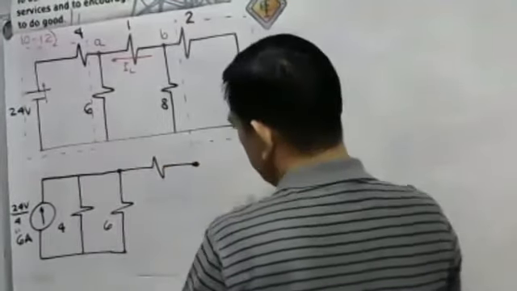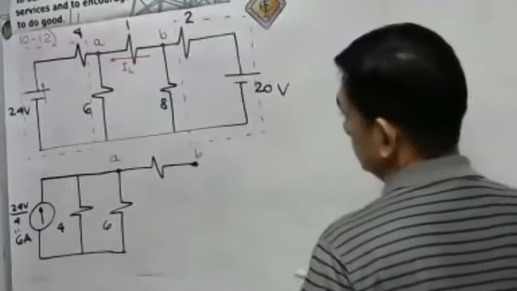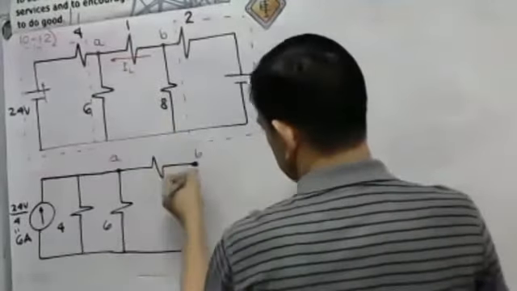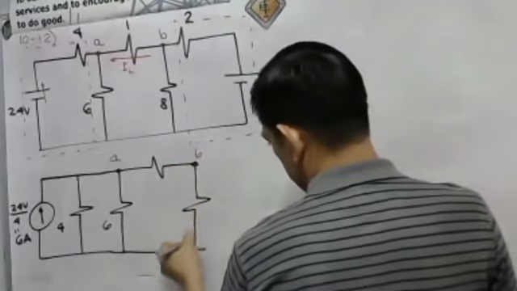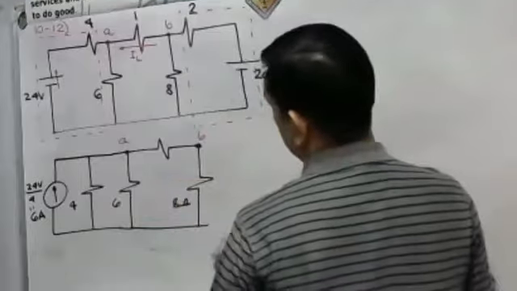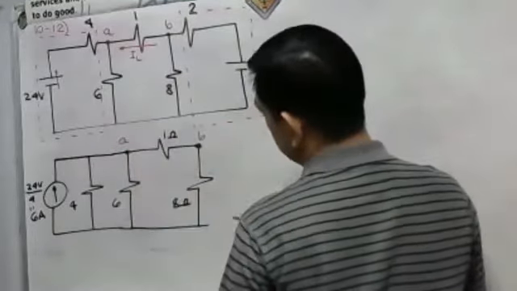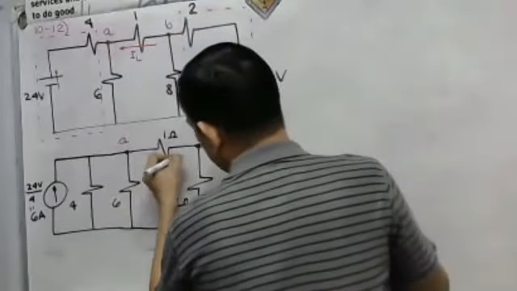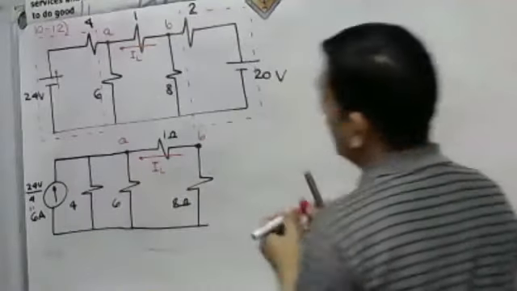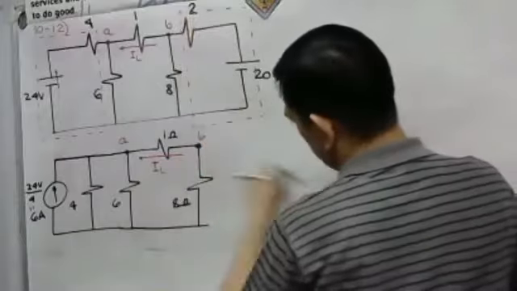Again, this is our point A and our point B. Then we have an 8 ohm resistor, and this is our 1 ohm resistor, which is our load resistance. Then we have a load current flowing, this is our IL. And we have a 2 ohm resistor.